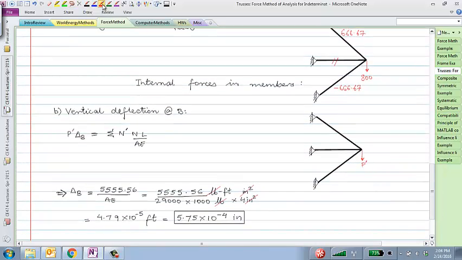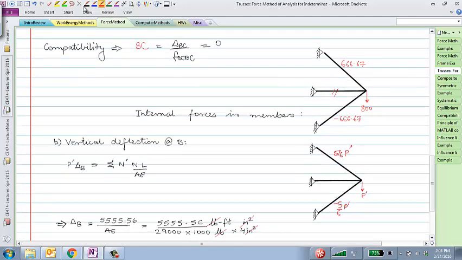I already know that under this P prime, I would get 5/6 P prime tension here, minus 5/6 P prime compression here. All I'm doing to do that is to scale this value by P prime divided by 800, right? I have the solution to the indeterminate structure. If I just scale this value by P prime over 800, I'll get these things. And as before, this middle member turns out to be 0.